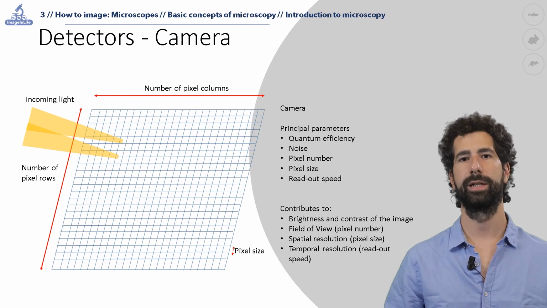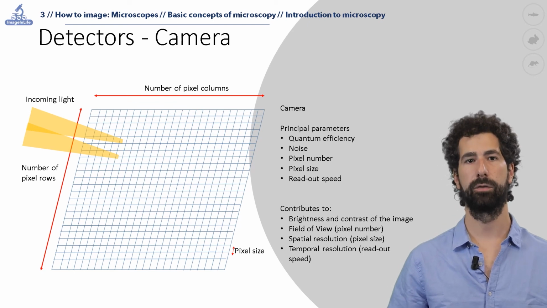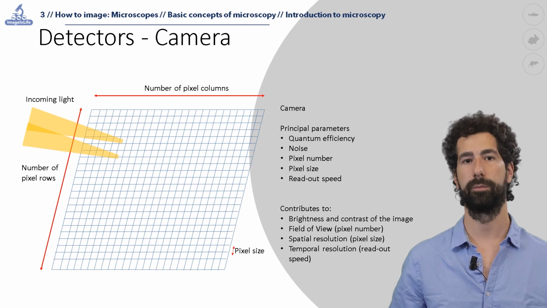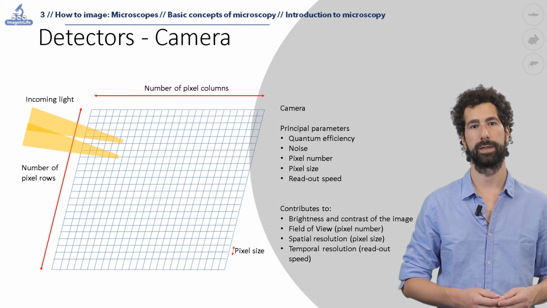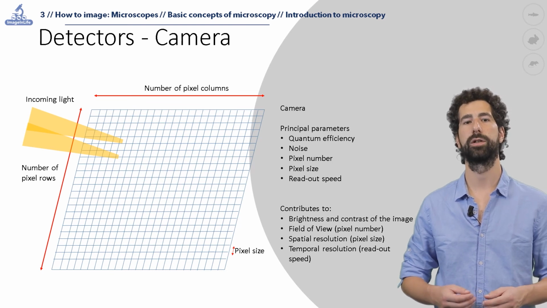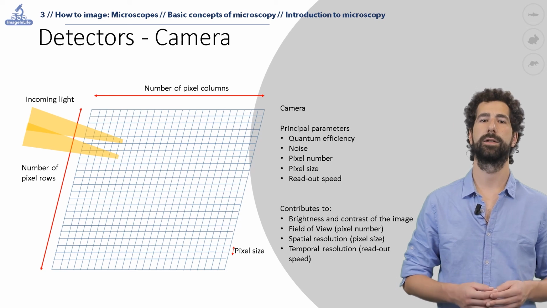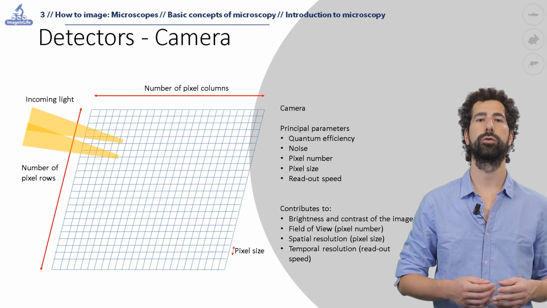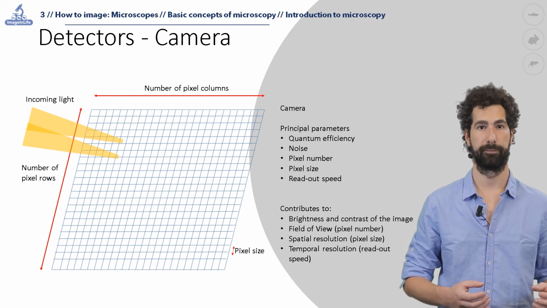Other important parameters for the camera are the pixel number and their physical size. The number of pixels contributes to the field of view. The higher the number of pixels, the larger the possible field of view. The physical size of the pixel instead can contribute to the spatial resolution of the final image. In fact, if the pixel size is too big or the overall magnification too low, we may not be able to project different points of the sample into different pixels.